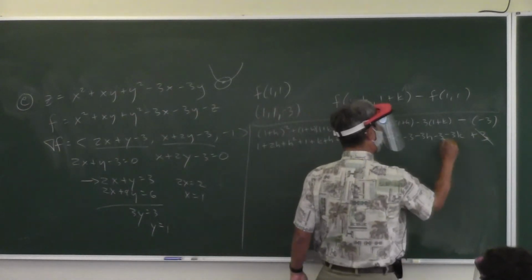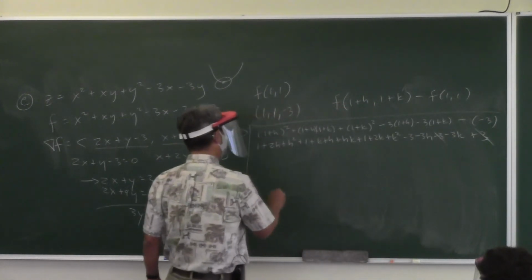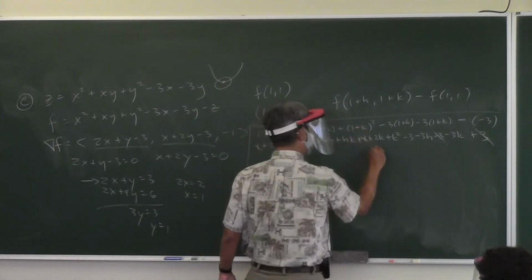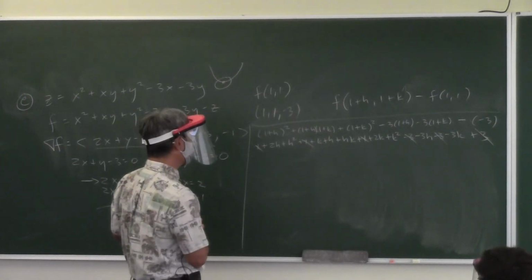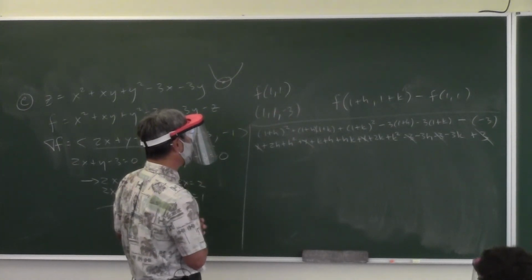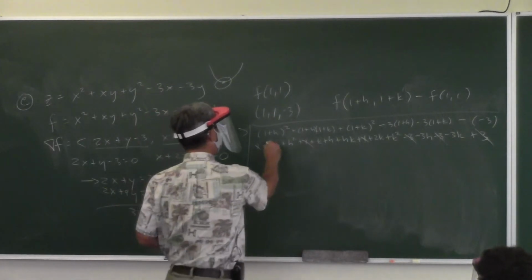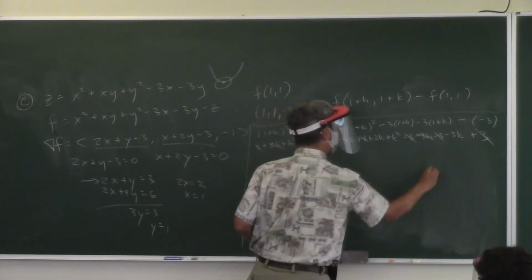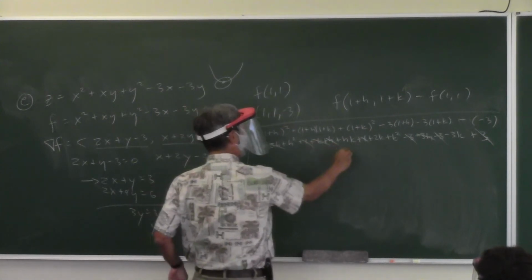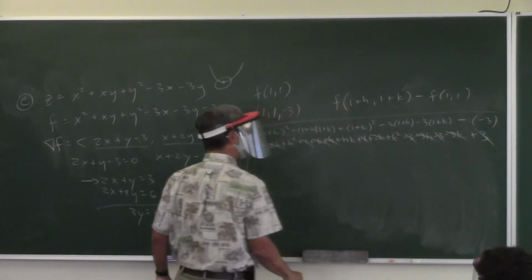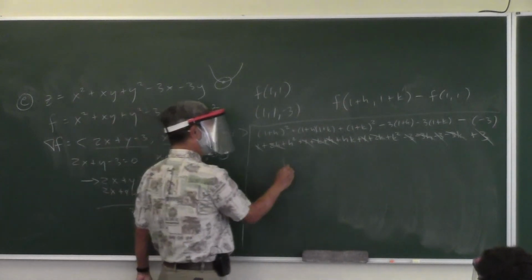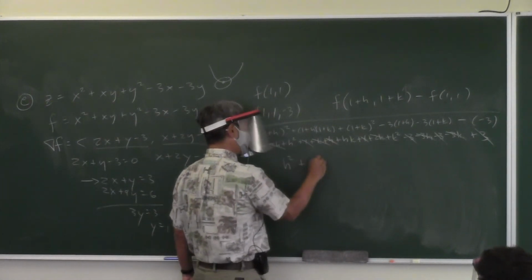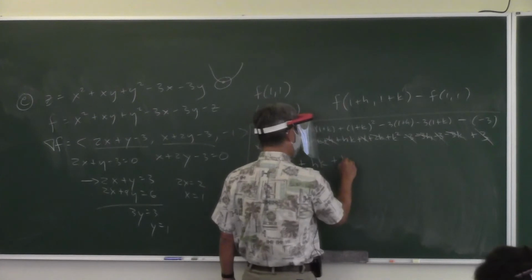Like this 3 will cancel that 3. 1 plus 1 plus 1 cancels that negative 3. 2h and h cancel the negative 3h. And k and 2k cancel the negative 3k. And oh, see, we picked a good one. We're left with h squared. Whoever chose this problem, you chose wisely.